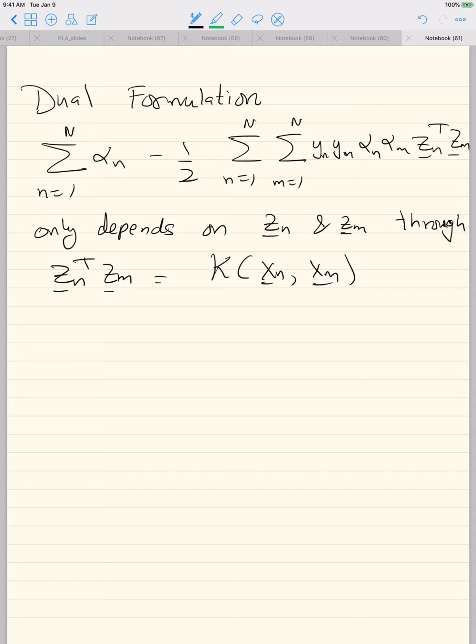So all we have to do is take this quantity and stick in here.